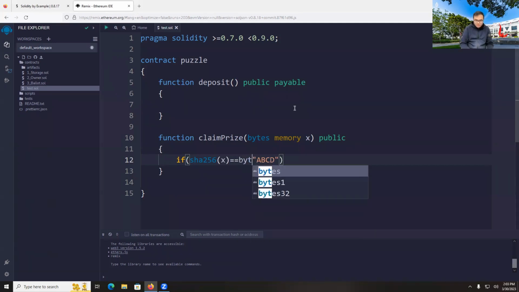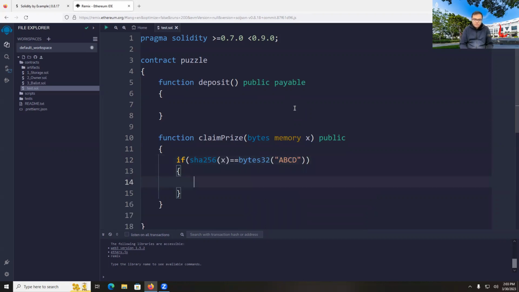And again, I have to be careful about types, but that's not the focus of the lecture. So if I hash this X and it gives me this value, then I want to pay all the money in the contract to the person who called this function. So I'm going to say that I'm having an address payable, and this is the recipient, and this is going to be msg.sender.